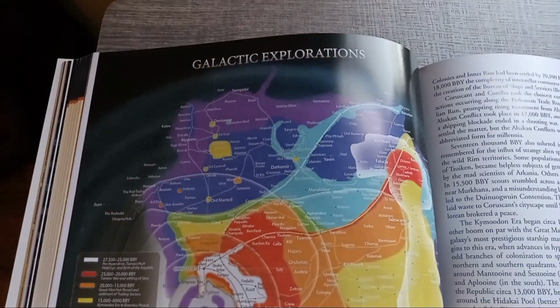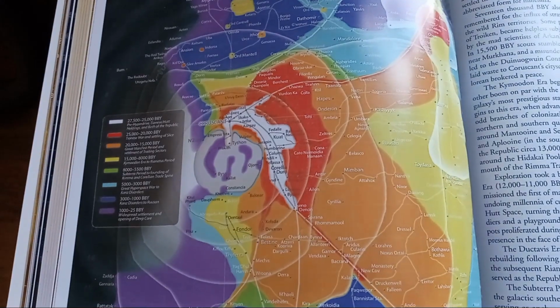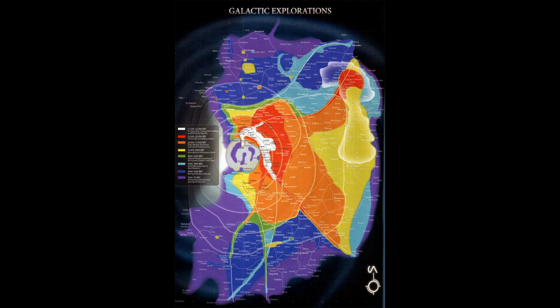And then you get a map of galactic explorations. And it looks like it just shows at what time they explored the various regions of the galaxy. So it looks like the white is the oldest explored area. So it goes white, and then the red, orange. Oh wow, orange was quite a bit. Yellow, and then green.